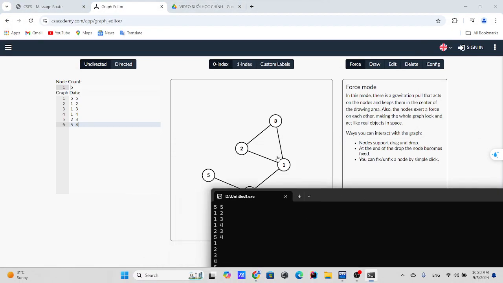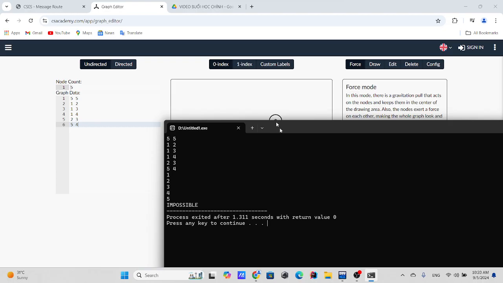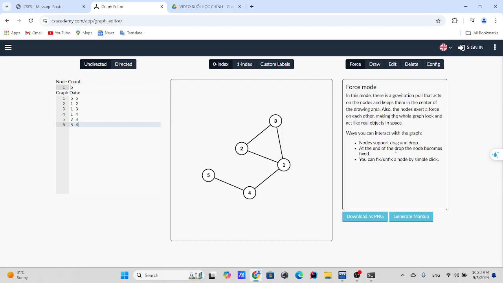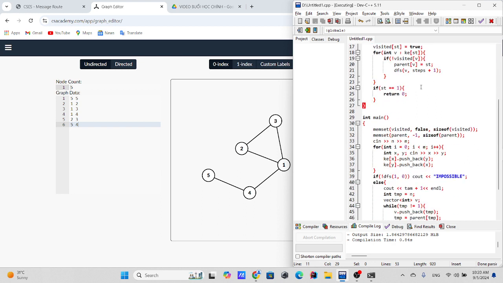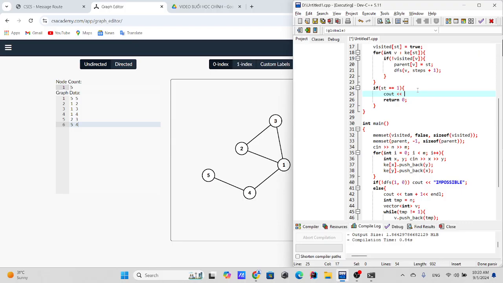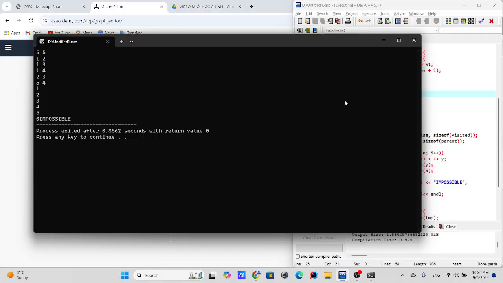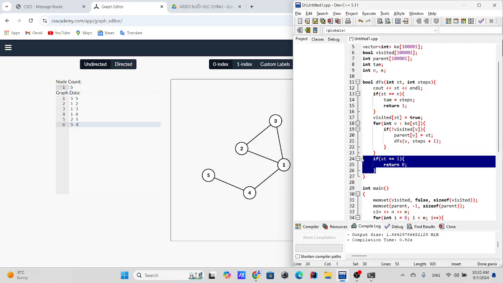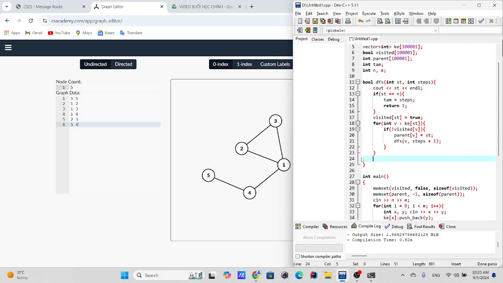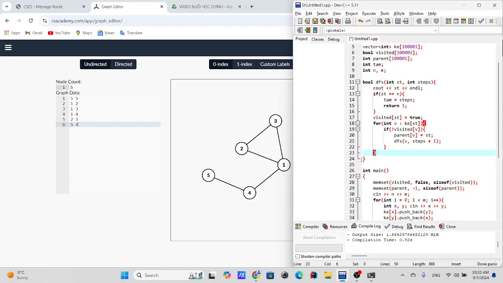It went from 1 to 2 to 3 and from 1 to 4 to 5. It's 5. It went to 5, right?